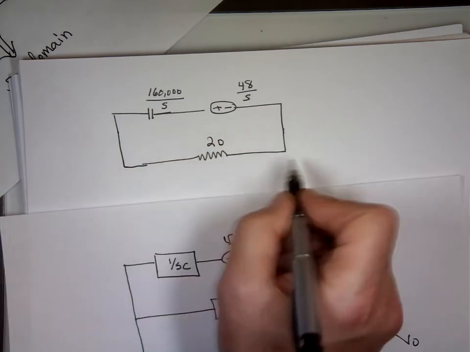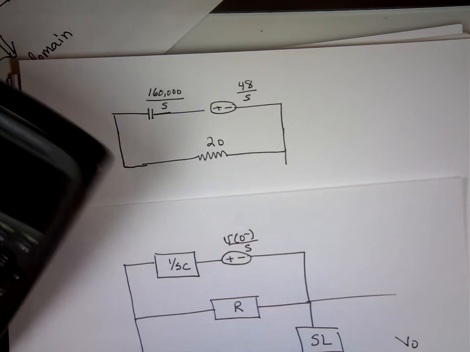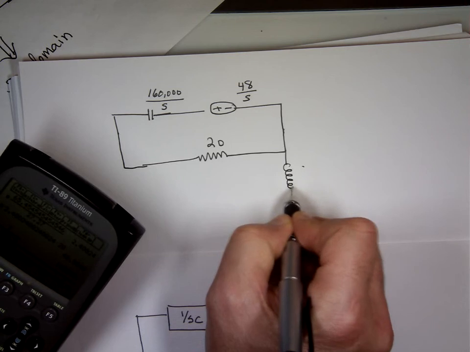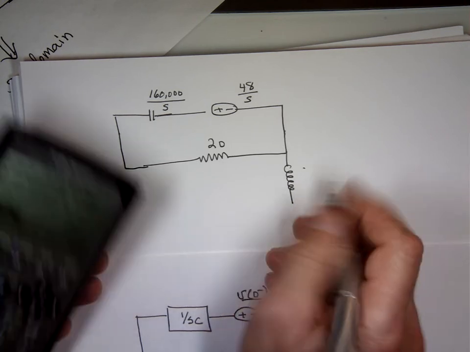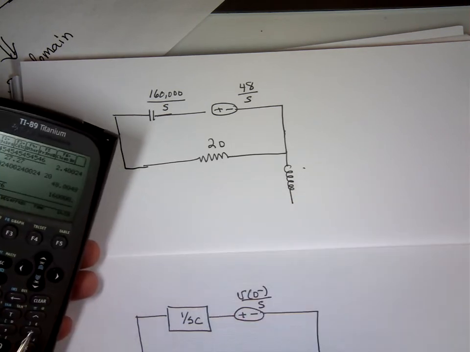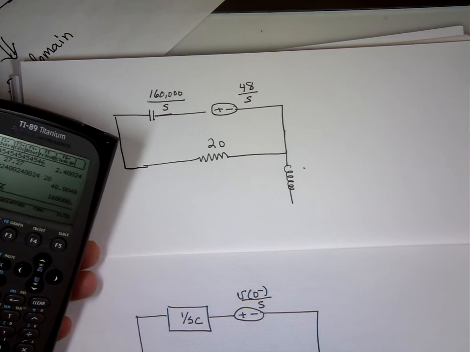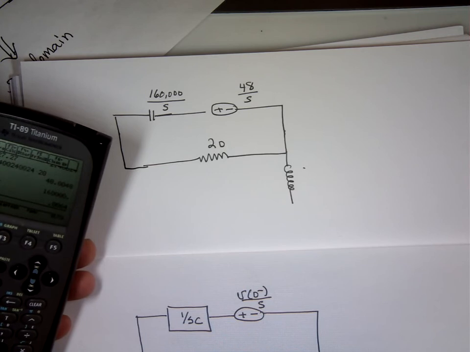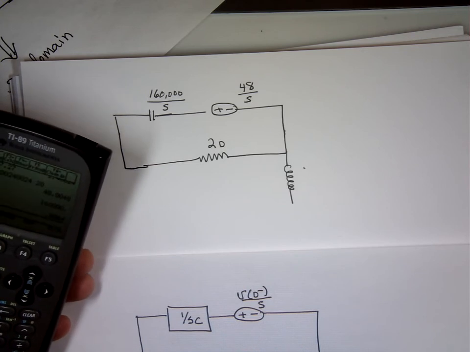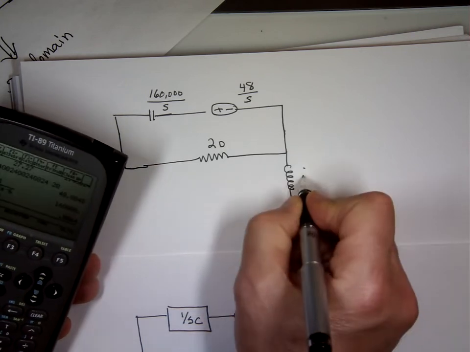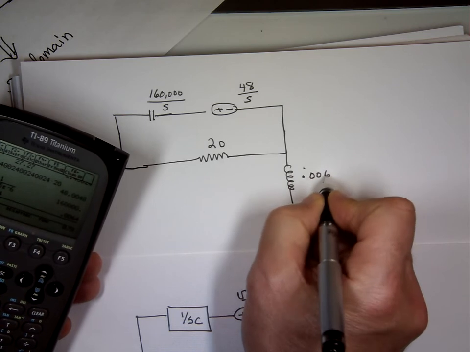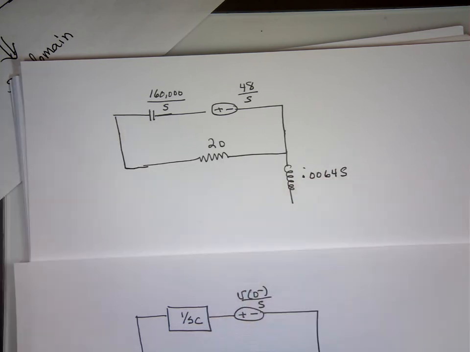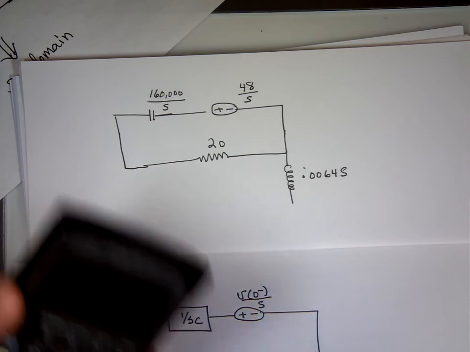That inductor, SL. L is 6.4 milli, E to the negative 3. That's 0.0064 S. I don't like the 6.4 milli; I will lose the little m eventually.